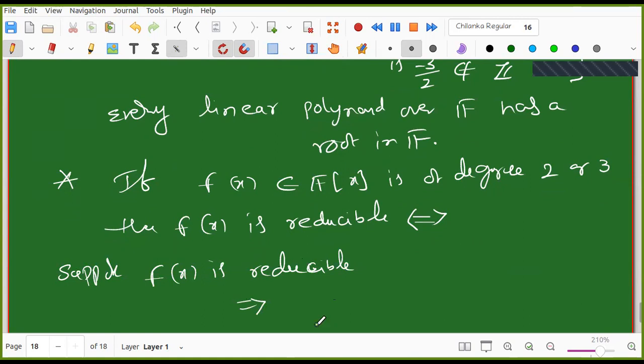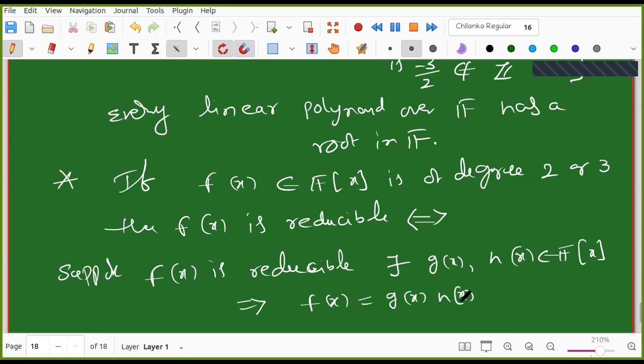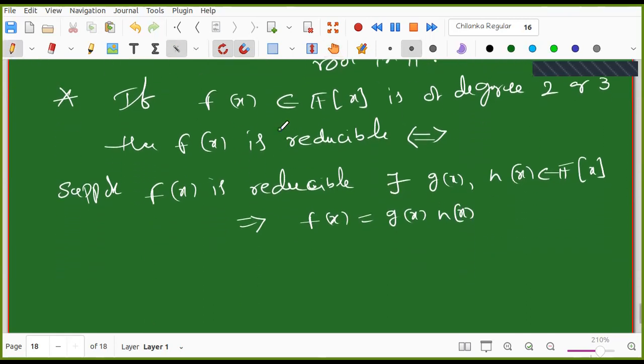There exist g(x) and h(x) in F[x] such that f(x) is equal to g(x) into h(x). But also we need to say that the degree of g and the degree of h are greater than or equal to 1.